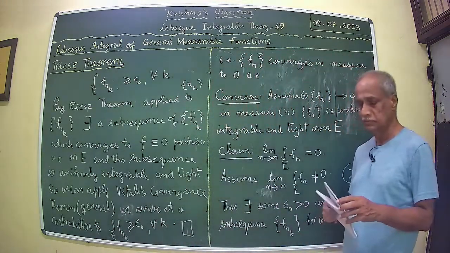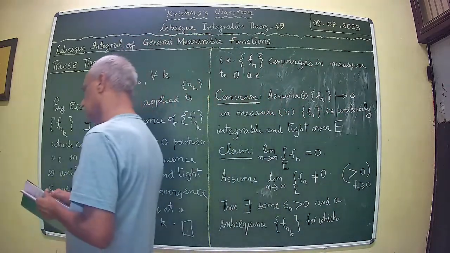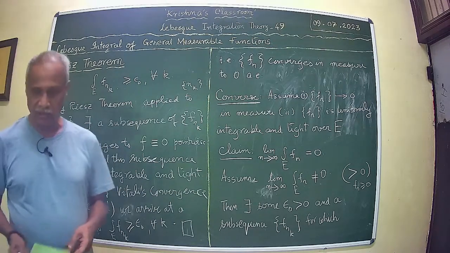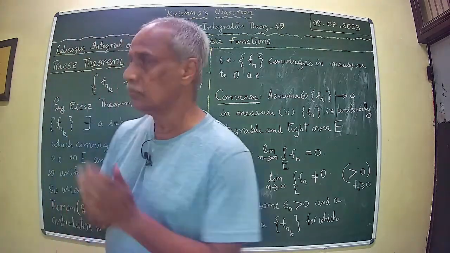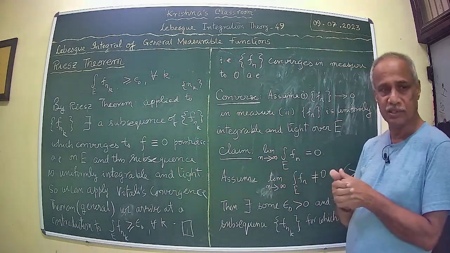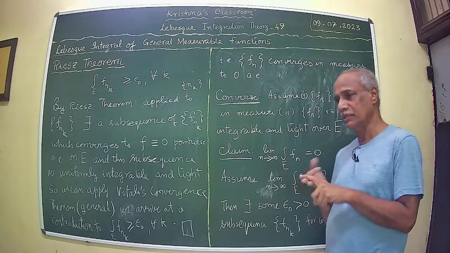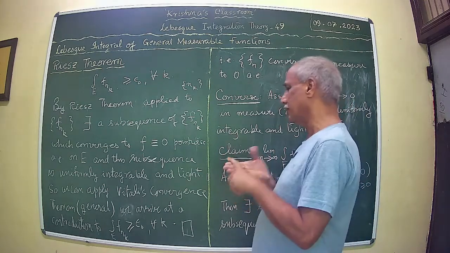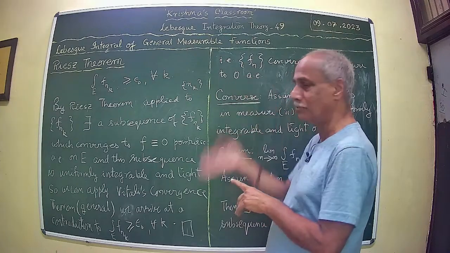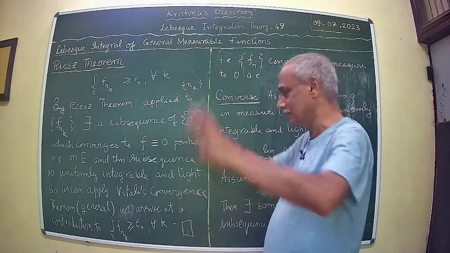So we have explored all the consequences of convergence in measure. All sorts of convergence we have now considered: uniform convergence, convergence pointwise almost everywhere, and convergence in measure. It will be nice to sit down and compare the various theorems that we have proved in this regard.